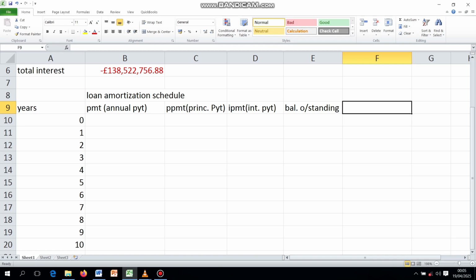So this balance outstanding will be inclusive of the principal and the interest, both the principal and the interest, this one. But here I'm going to do the outstanding balance for the principal only.